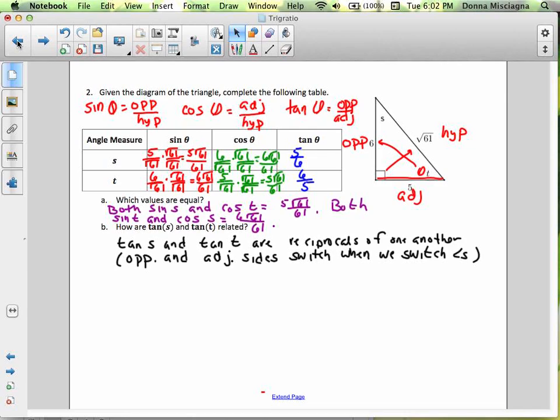All right, and I'll show you how to figure out what to do if it's been rationalized. So notice how we multiplied by the square root of 61 over the square root of 61. Before we did that, there was no square root of 61 in the numerator. So if you saw 5 square roots of 61 over 61, your numerator would just be 5. So the opposite side is 5.